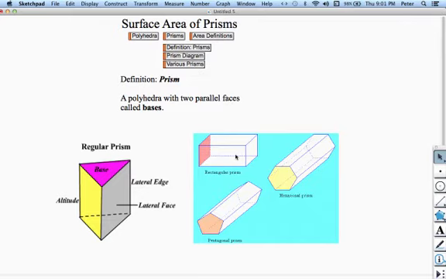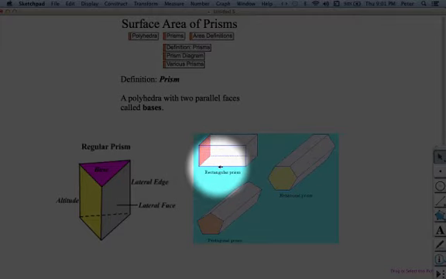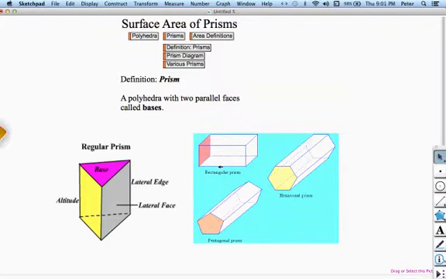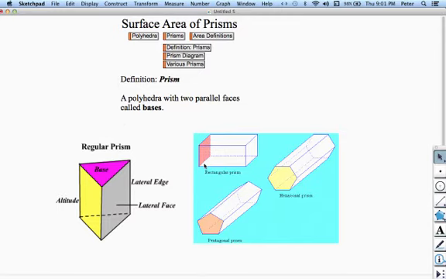There's one other phrase that comes up when we deal with prisms, and that is if a prism has a lateral edge that meets a base edge at a right angle, it is said to be a right prism. So this would be a right rectangular prism. The right does not refer to the angles of the base.